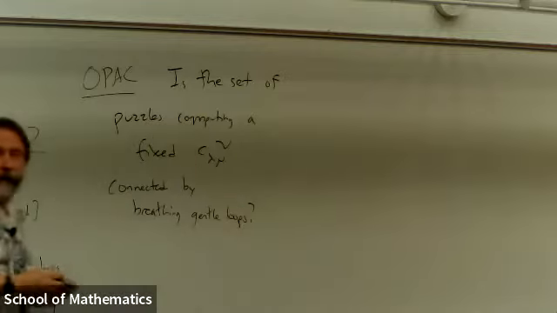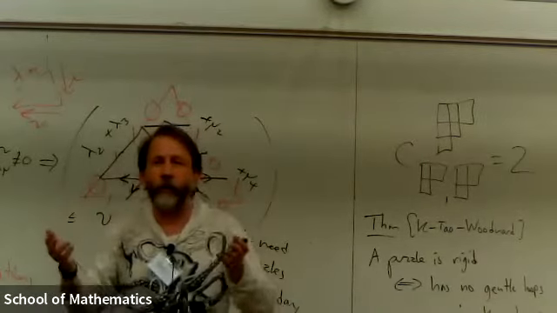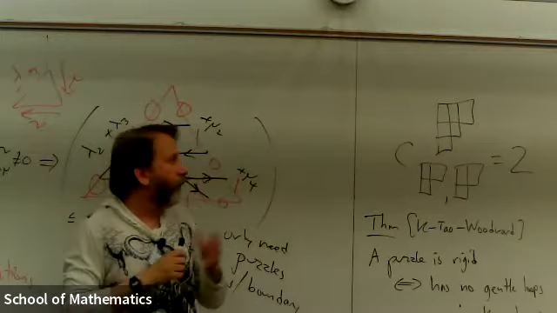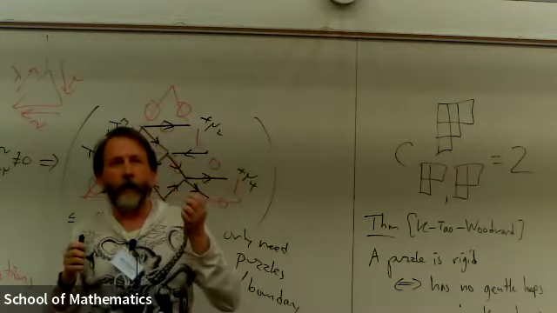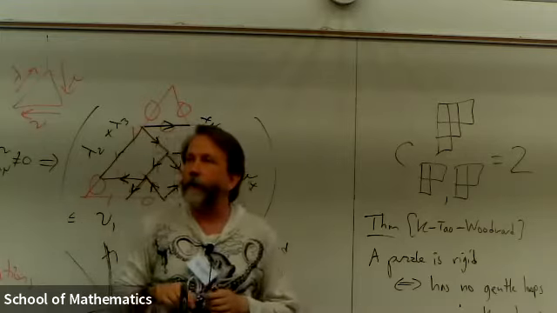So we didn't prove this. We just know that if you have a puzzle and you can't breathe a gentle loop in it because there's no gentle loops, then it's the unique one. Otherwise there's more than one.